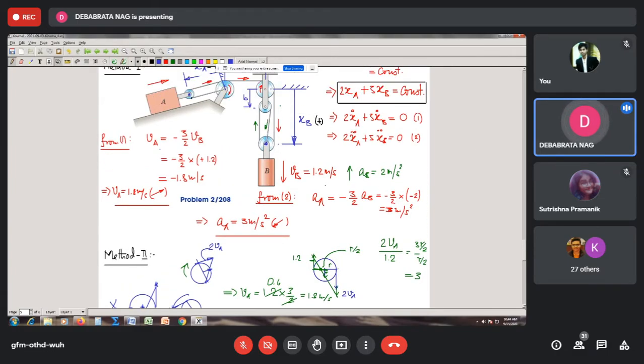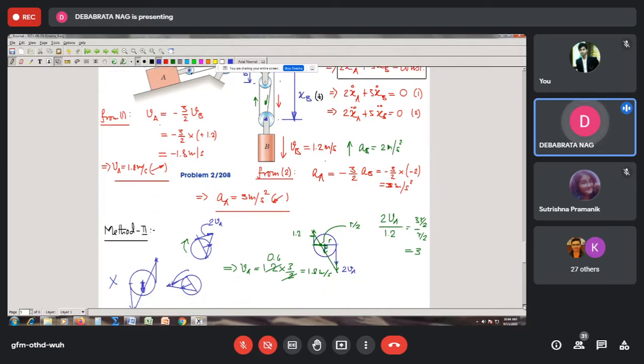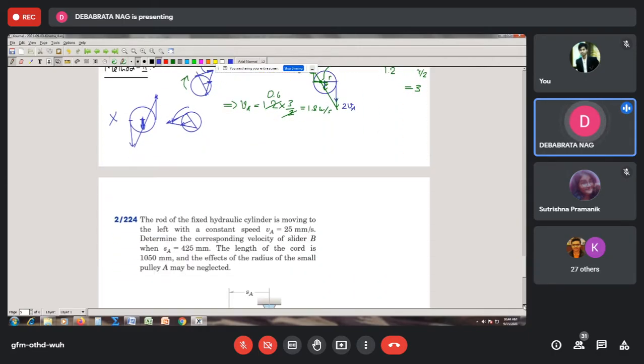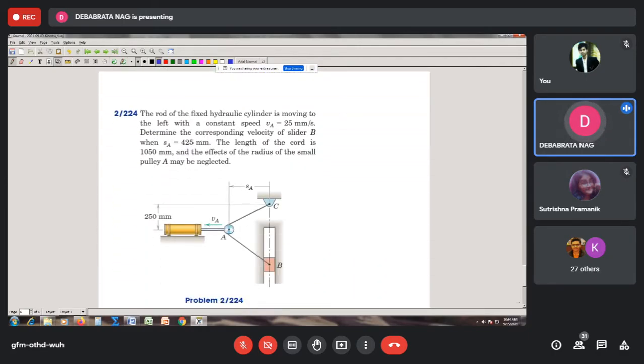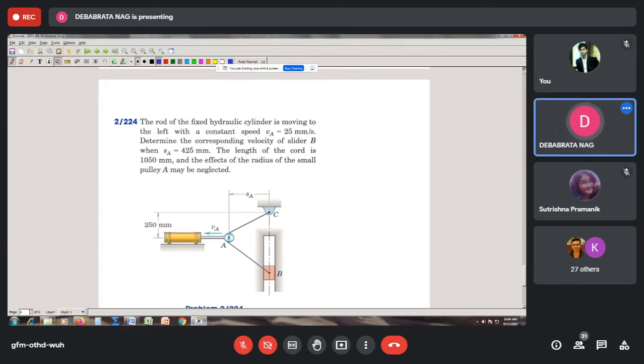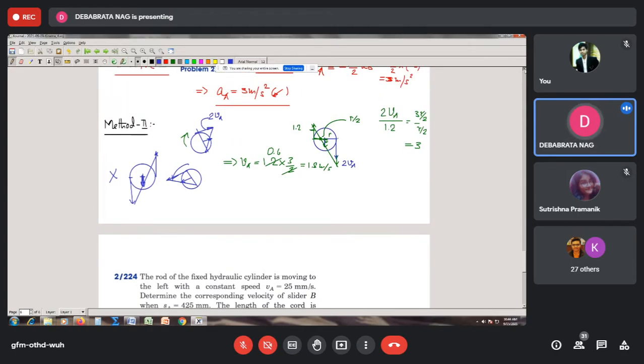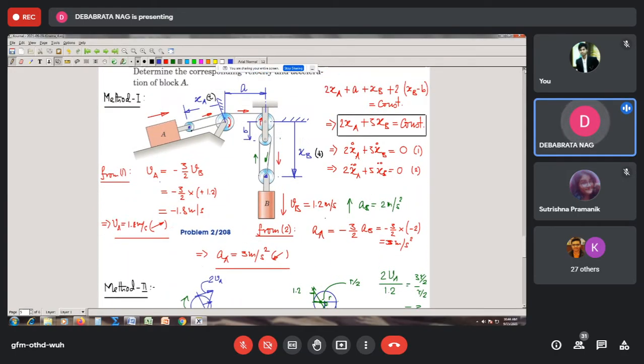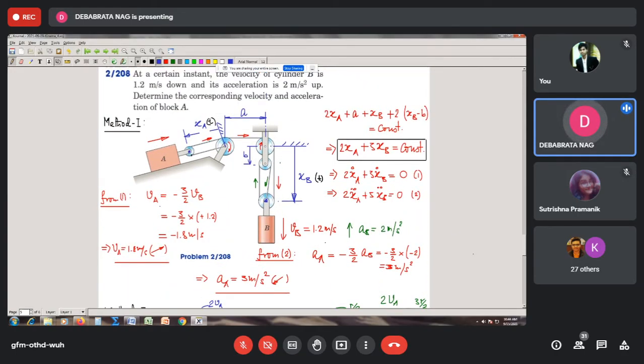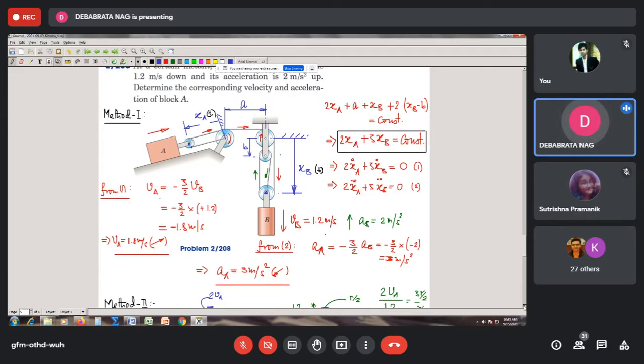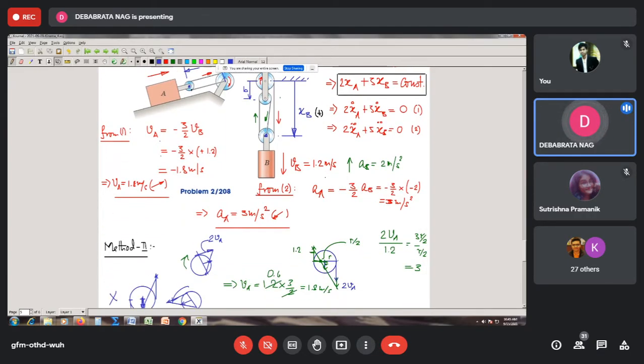Now, coming back to this, let's take the second problem. Again, I am telling you, before going into the second problem, whether you solve by method 1 or method 2 will depend upon your convenience. The advantage of method 2 is that you can understand bit by bit the physics of motion.